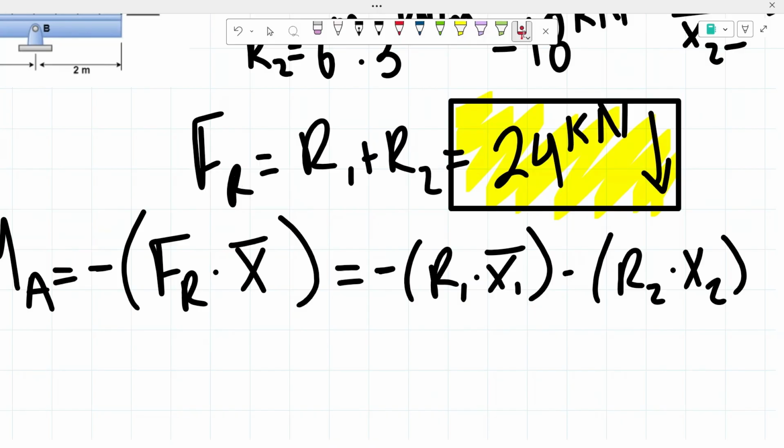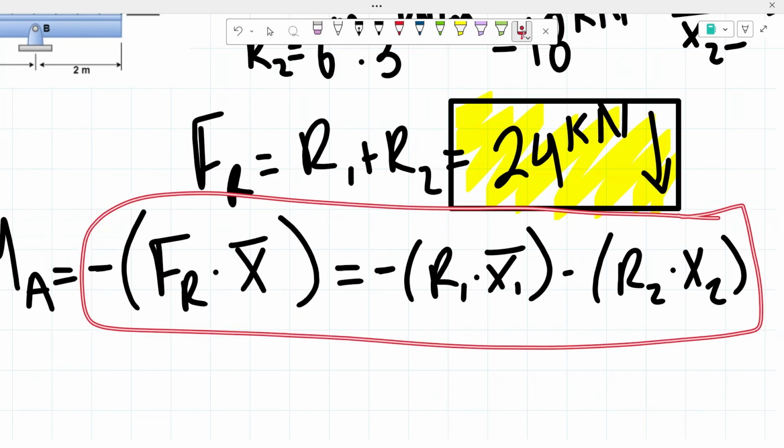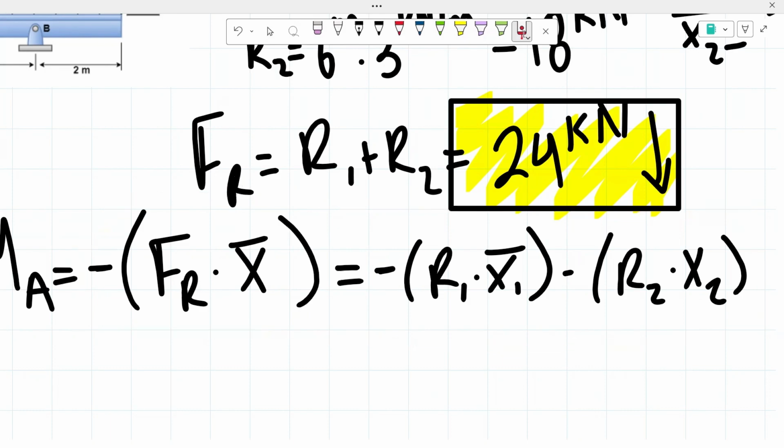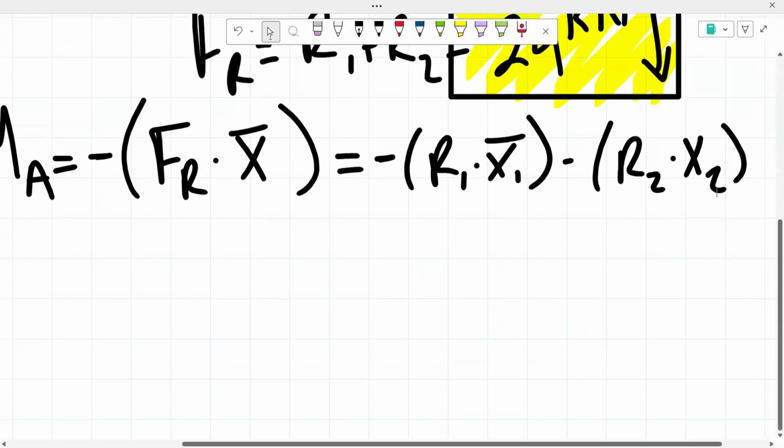So now that we know that these two equations are equal to each other, we're going to rewrite this in terms of finding the location of our resultant force.